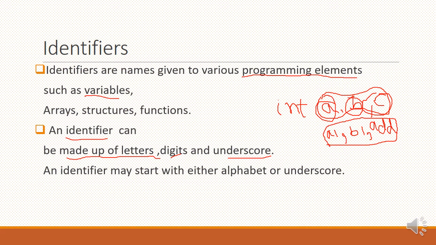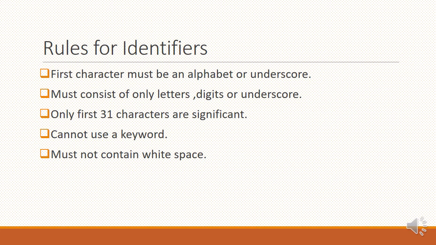But some rules are there. You have to remember those rules and write the identifiers. An identifier may start with either an alphabet or an underscore. It starts with an alphabet, or you can use an underscore, like underscore A, underscore B. Next, some rules are there that we should also study.